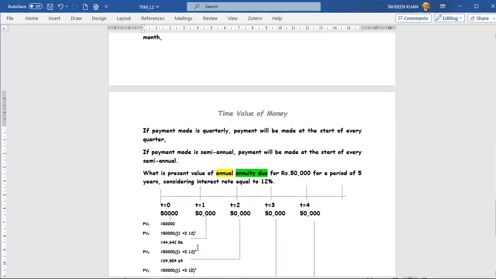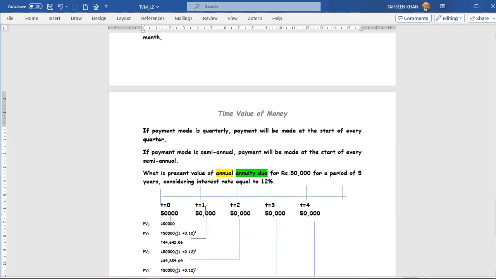Here the annuity is the same and the rate is the same, but the timing will be different. The first payment will be made in the beginning of the year at t equal to 0. The second payment will be made at the beginning of the second year, and so on.